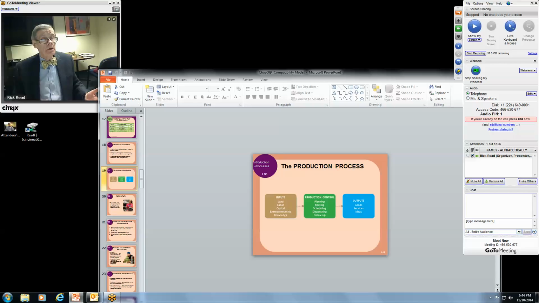This is called production control, and we do some planning and scheduling and dispatching, et cetera. Then we have our outputs, which are finished products and services and ideas. We can think of that as intellectual property. So that's what we do: take the factors of production, put them through the processes of production, which is the planning, scheduling, etc., and then we get outputs.